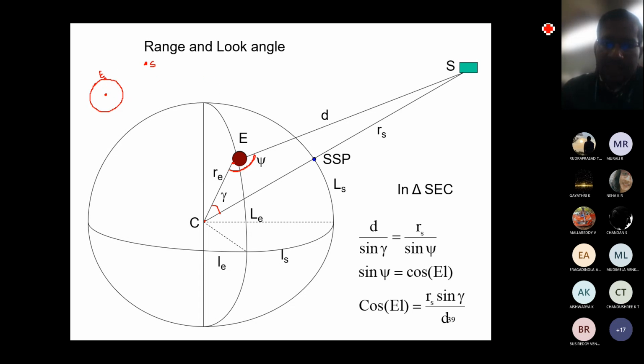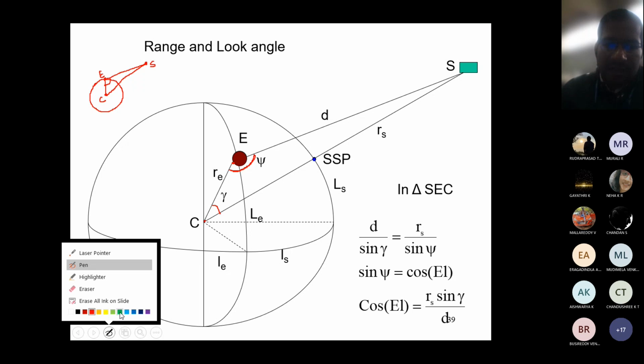I will combine this ES, and this point is C. So this is my triangle, and this angle is the psi.